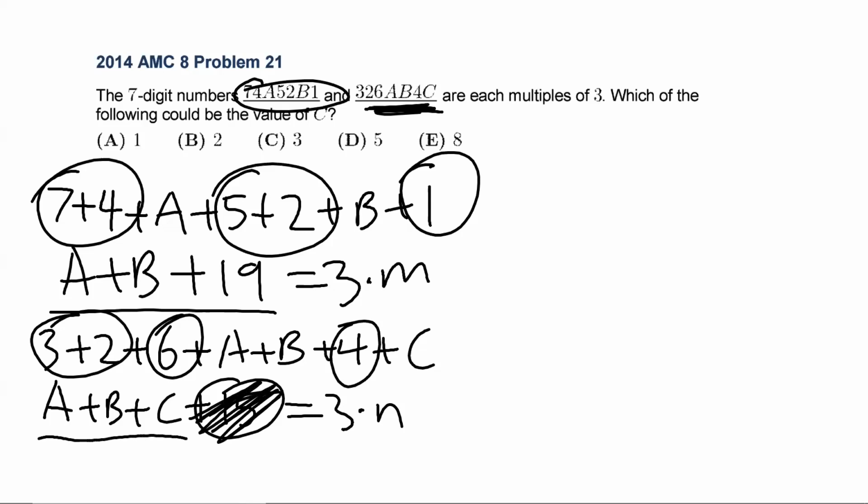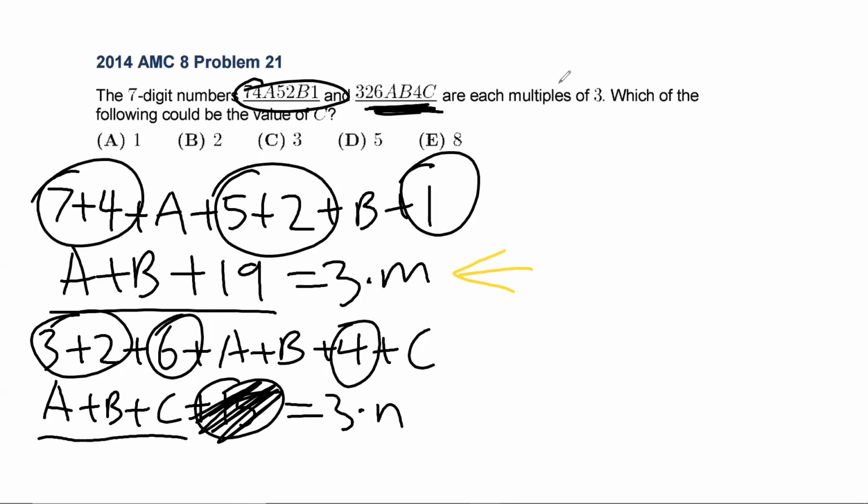So what this equation tells you, hang on, let me use a different color. What this equation tells you is that 19 leaves a remainder of 1 when you divide it by 3.